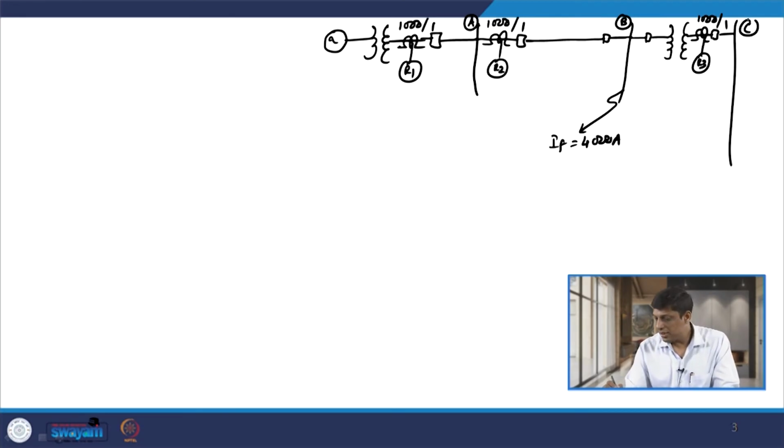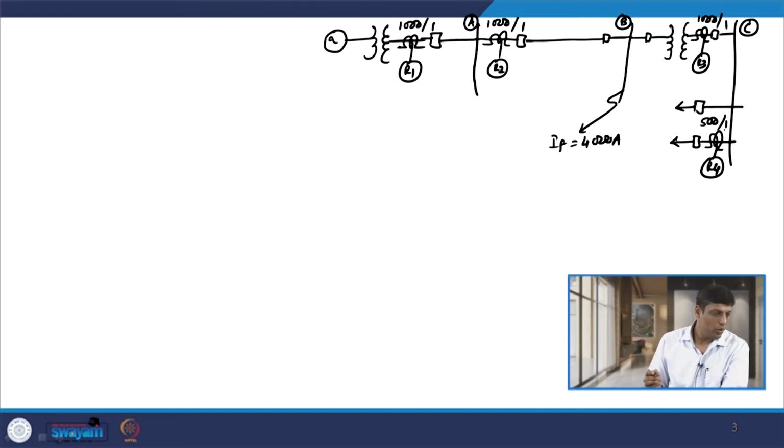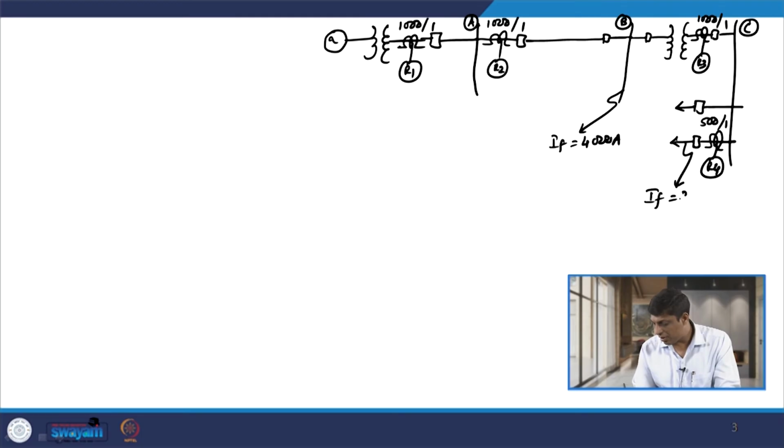This is your bus C, and with this bus multiple feeders are connected, and here one relay R4 is given, whose CT ratio is 500 by 1, and the fault current immediately after this relay R4 is given as 2000 ampere.